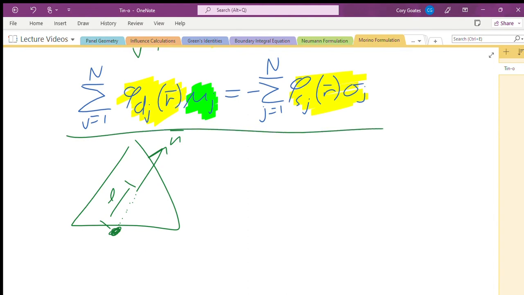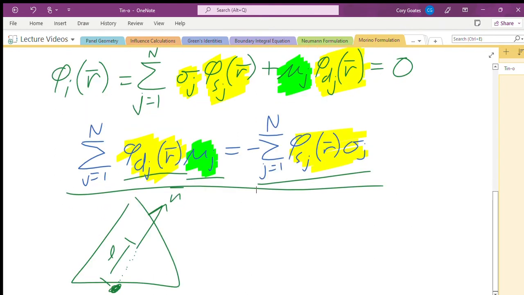And we can thereby build up a linear system of equations, where on the left-hand side we have our known doublet influences and our unknown doublet strengths, and on the right-hand side our known source influences and strengths. We know the source strengths, so at each control point we know what perturbation potential is being induced by our source panels.